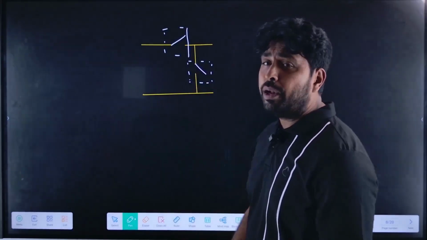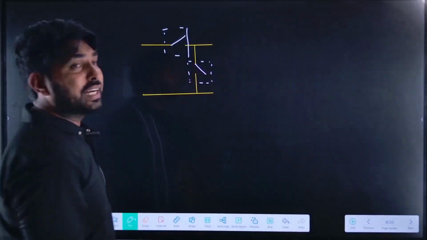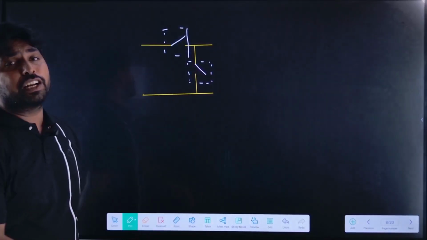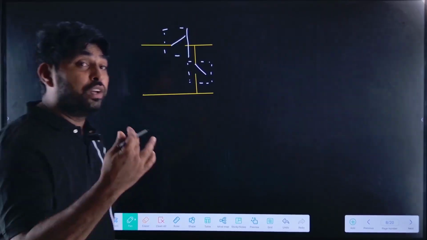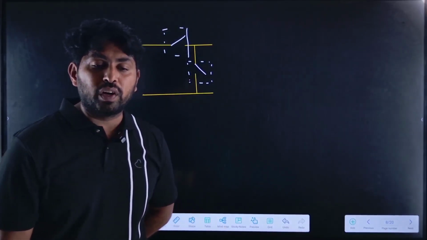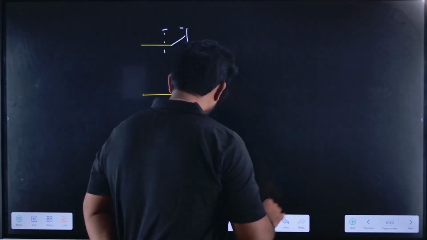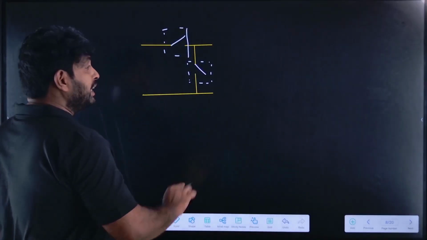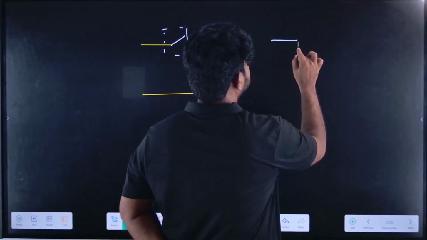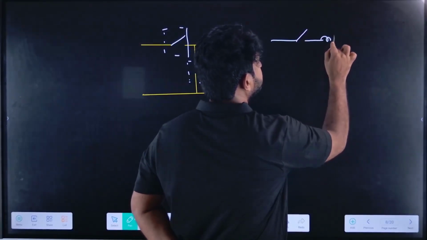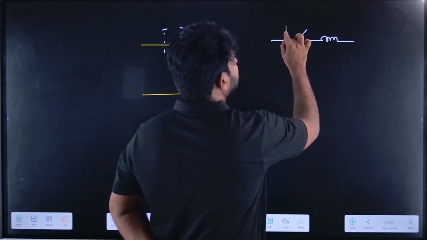So to get the buck converter from this circuit, we need to add the inductance and capacitance. For that, we should know the fundamentals. What are those fundamentals? When you are adding the inductor to the circuit, it should not be in series with the switch.